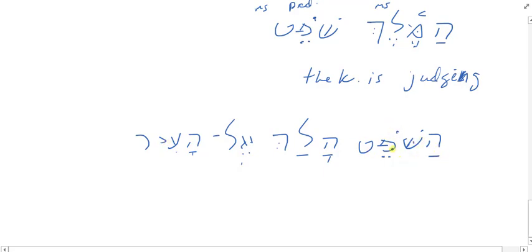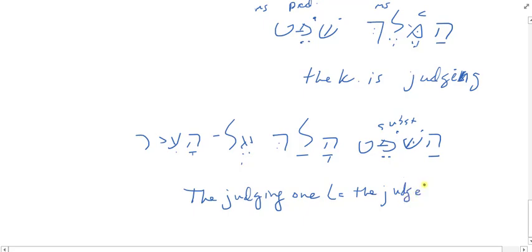That's a participle, right? It's from shafat, holem, sere. But is there a noun that this agrees with in gender, number, and definiteness? Nope. It's functioning as the noun, right? It's a substantival use. And I translate this as something like, yeah, the judging one, which equals the judge, right?